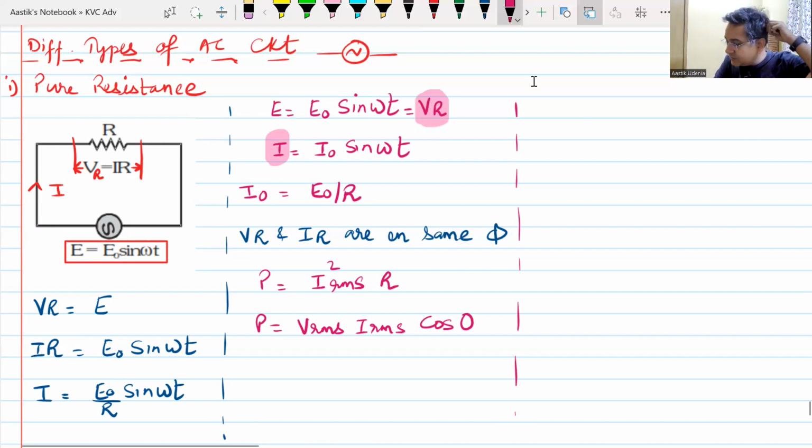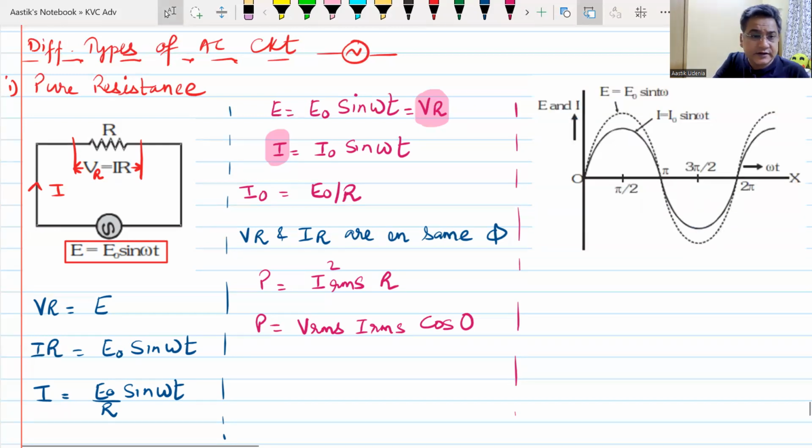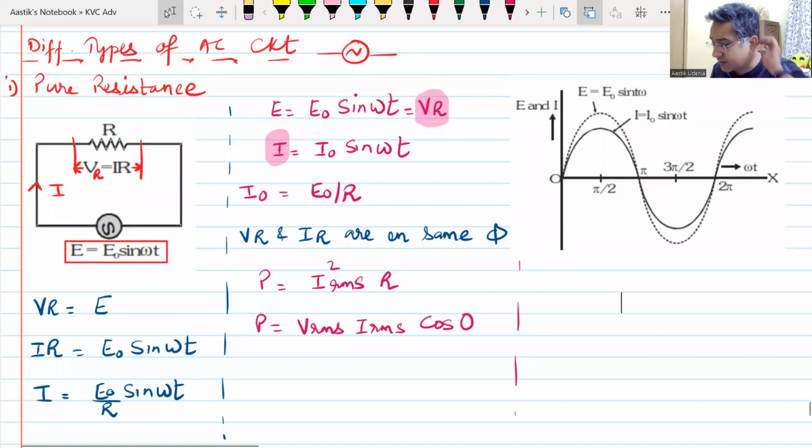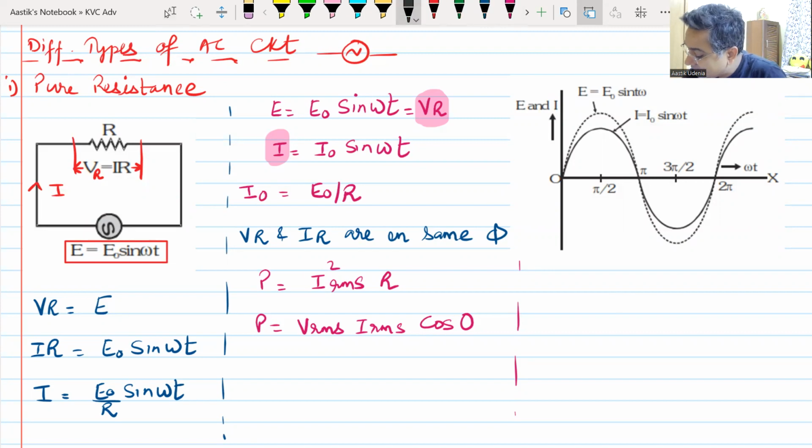So I can draw it starting from here. I think you can see this. This is the first graph that I have drawn. This is the graph between VR and IR. You understand the meaning here?